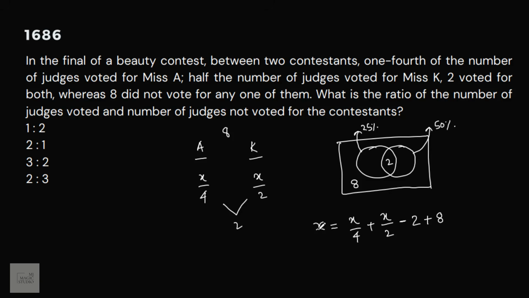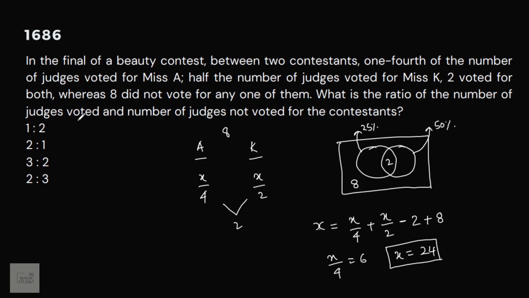So if we solve this, we get x minus x by 2 is x by 2, x by 2 minus x by 4 gives x by 4, 25%. So x by 4 equals 6, x equals 24. The total number of judges is 24.